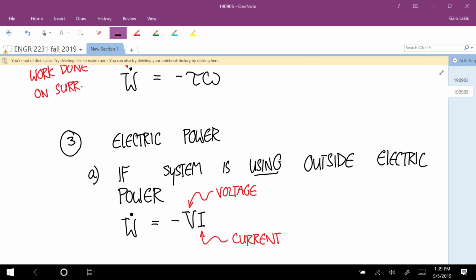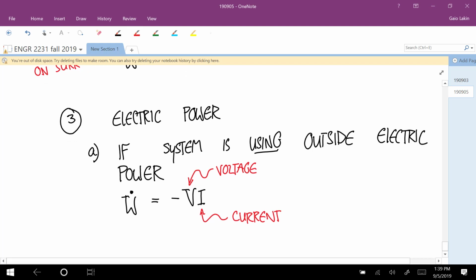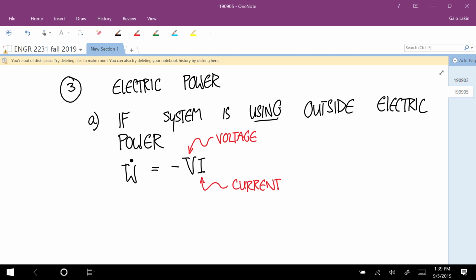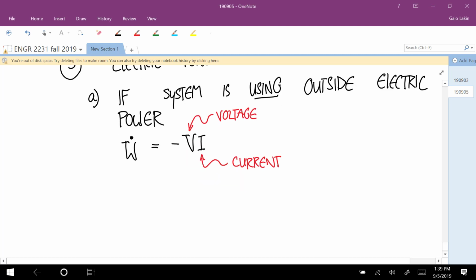And again, just like with the rotating shaft, the other option is that the system is generating power for the outside. And in that case, you just have positive instead of negative.